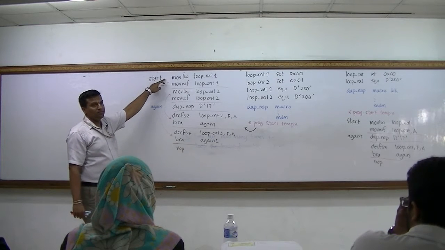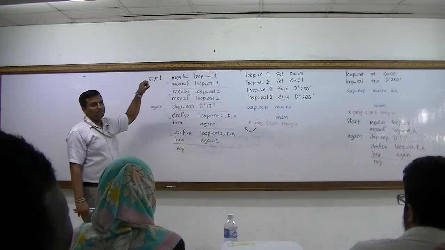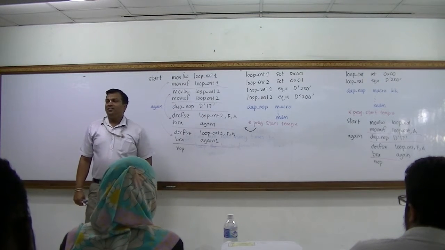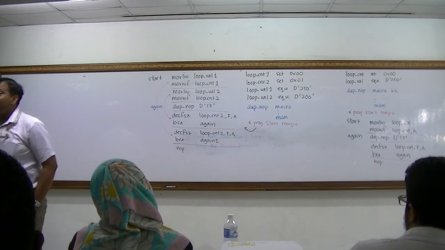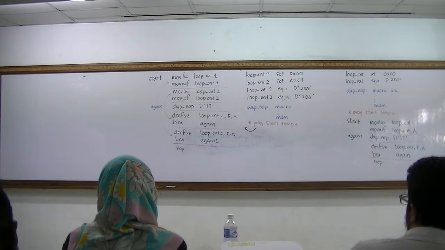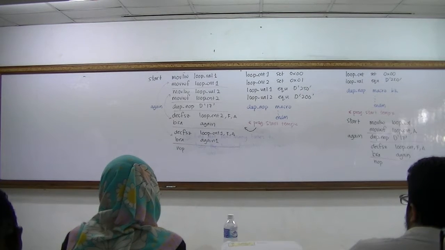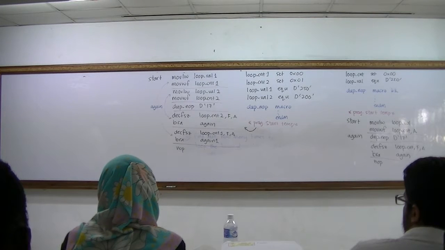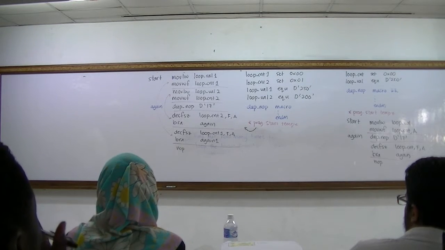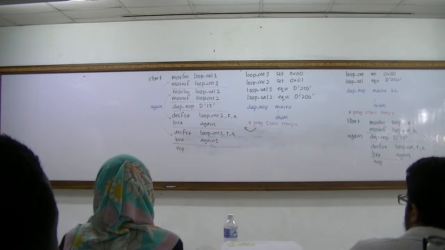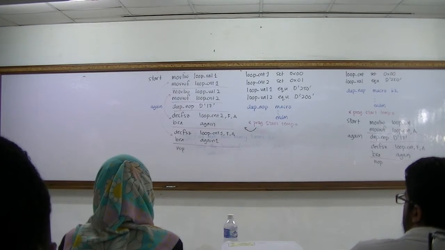Decrease. You all just mentioned that loop count 2 became 0. So where should the branch again go? Move out of the loop.